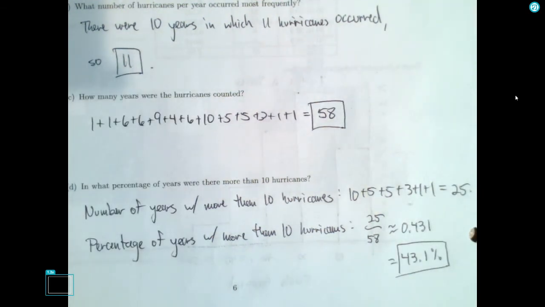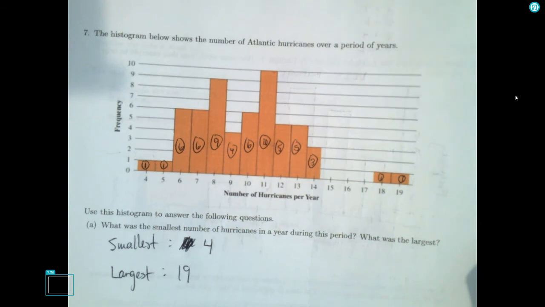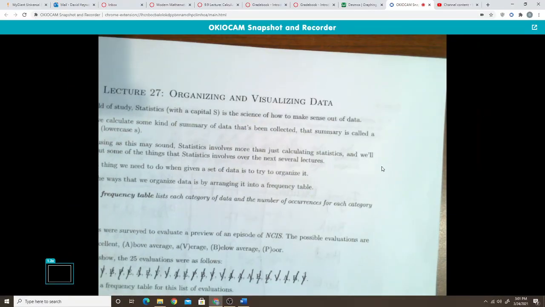So almost half of the years had more than 10 hurricanes in them, which is kind of crazy. Okay, but anyway, that's that one. All right, so that's all I have to say for now about organizing data.